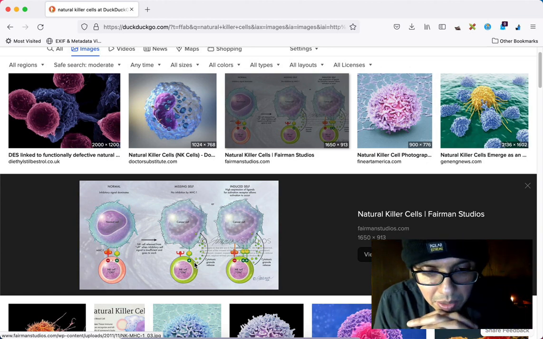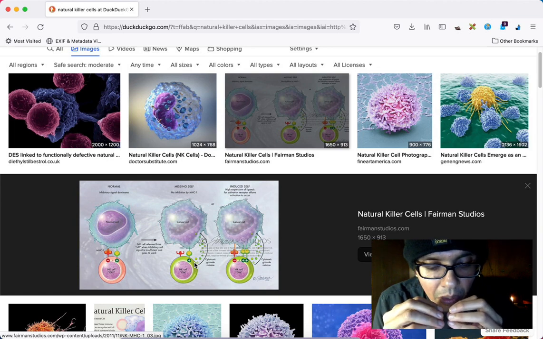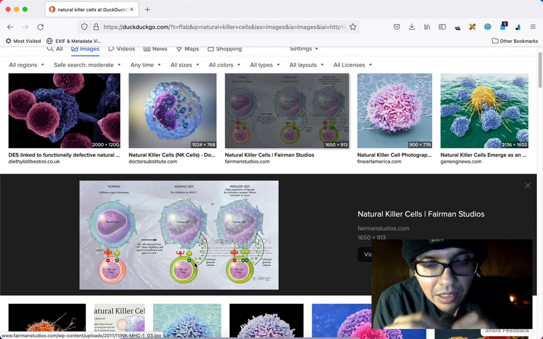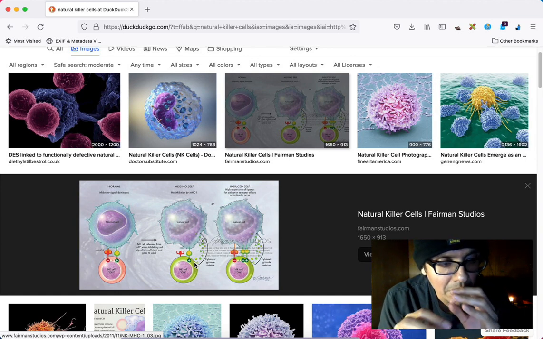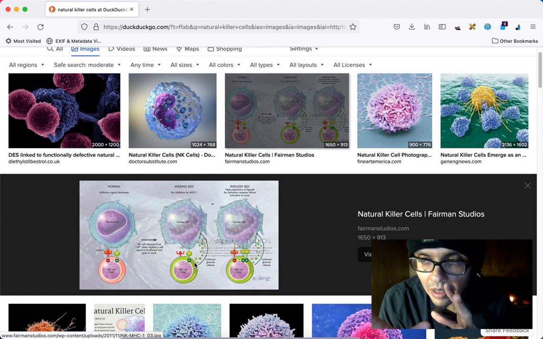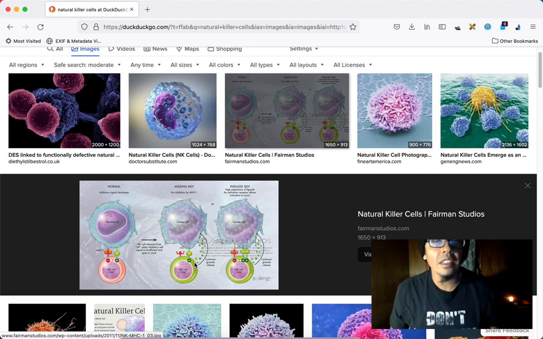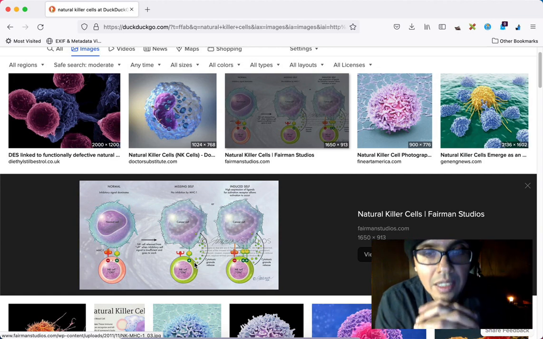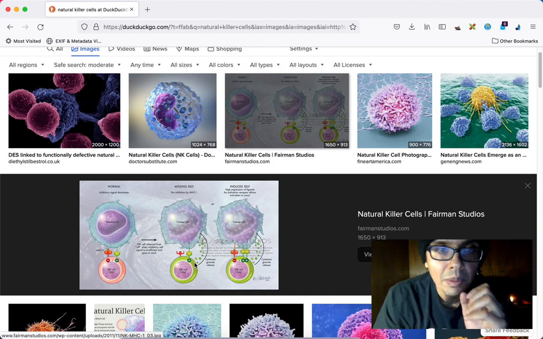They'll lock onto the membranes of the cell, and once they lock on, they will activate, through a very complex series of chemical intermediates, the caspase cascade. So what is caspase?